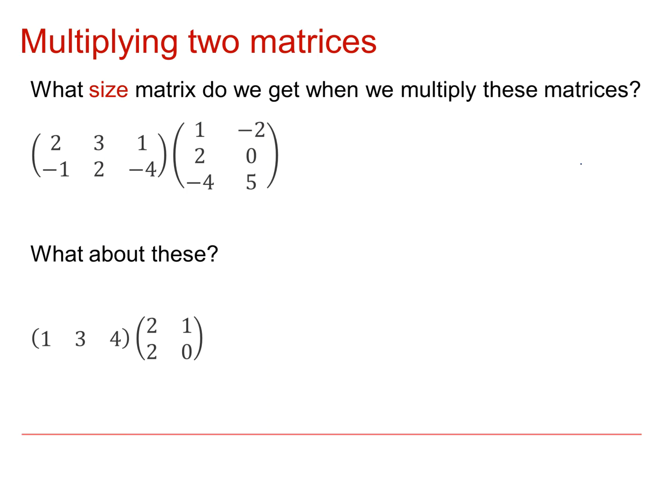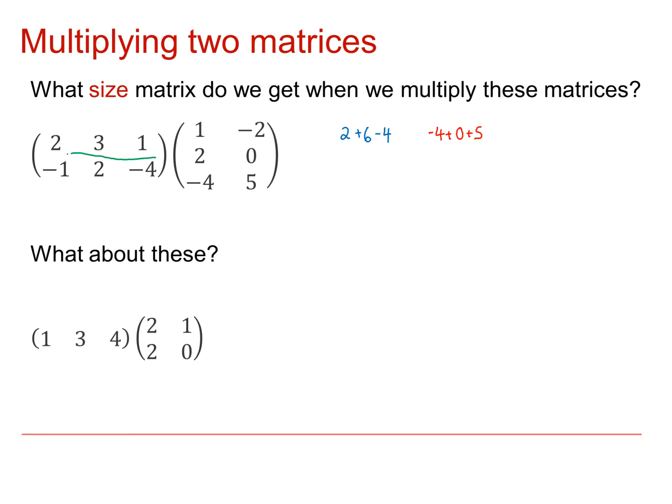Let's do this multiplication. So, taking the first row by the first column, that gives me 2 times 1 is 2, plus 3 times 2 is 6, plus 1 times minus 4 is minus 4. Then the first row by the second column, 2 times minus 2 is minus 4, 3 times 0 is 0, 1 times 5 is 5.